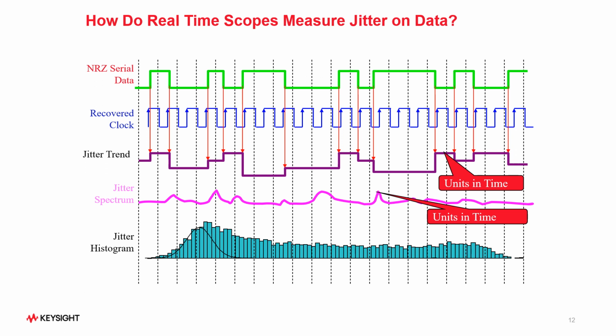This type of display is extremely useful for time correlating jitter to the original data signal or to other signals that may be coupling in and causing jitter. In addition, math functions such as averaging can be used to manipulate the jitter trend view in order to eliminate and/or isolate specific jitter components.